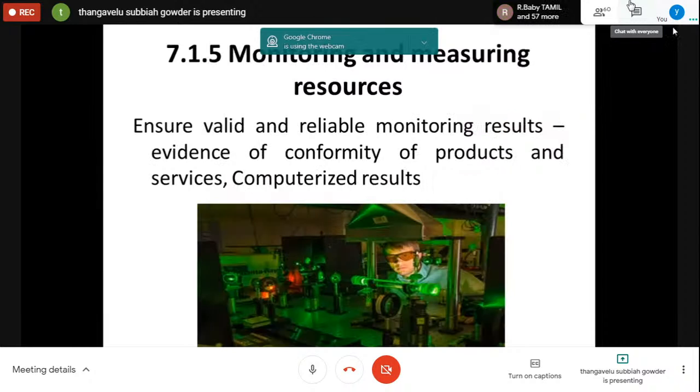And monitoring and measuring resources. This relates to monitoring areas and measuring areas. We are not producing any products, and we are not measuring anything. We are not using any measuring equipment for our end use of the products, because we are not taking any decisions based on measuring resources.